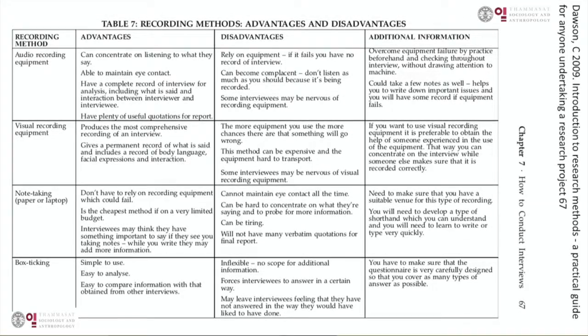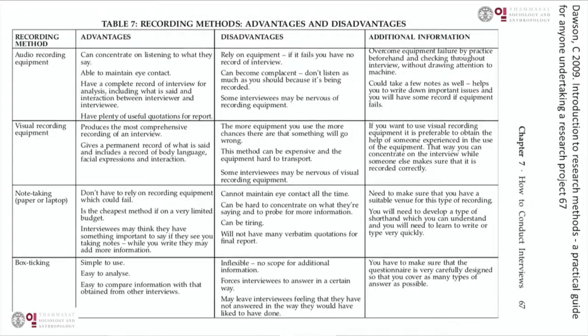So there are a number of data recording methods, and all of these have advantages and disadvantages. Dawson summarized very helpfully the advantages and disadvantages of audio recording equipment, video recording equipment, note-taking on both paper and laptop, and what he calls box ticking.